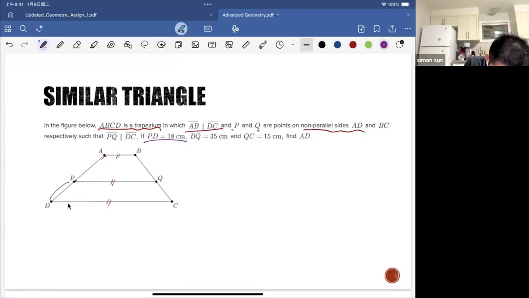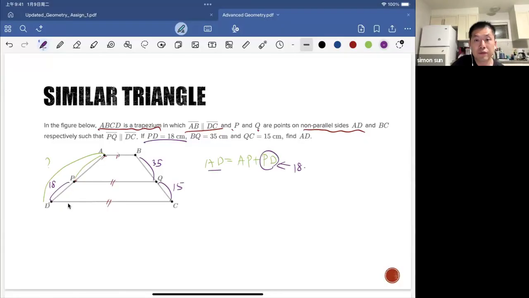PD is 18, BQ is 35, and QC is 15. We need to calculate AD. But to calculate AD, we need to calculate AP first, right? AD is equal to AP plus PD, and PD is already given as 18. So just try to answer this one.